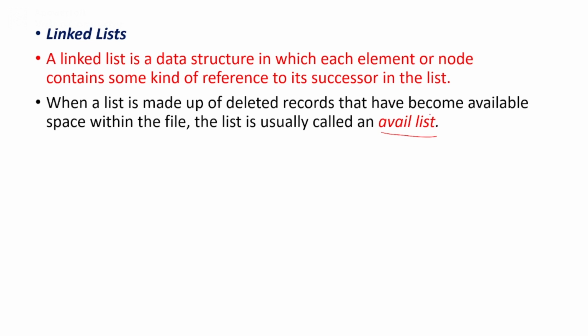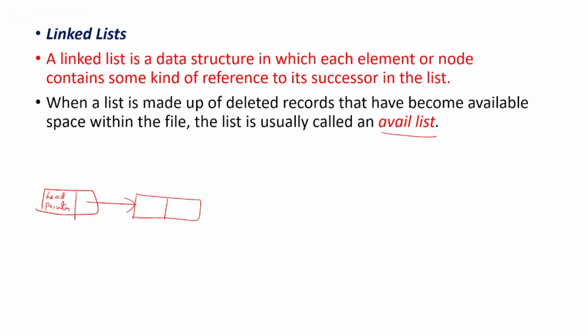So how can we represent the linked list? You will have different nodes, and initially you will have a header, or we can call it a head pointer, and from this it connects to the next node.